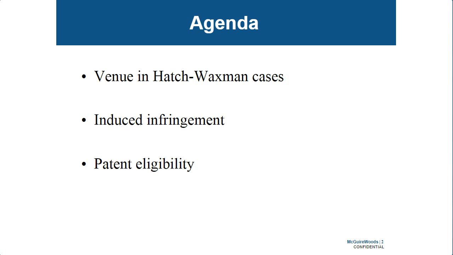But the Supreme Court's T.C. Heartland case in 2017 really muddied the waters quite a bit. And so for 5 years, where we can sue is quite unclear until recently, just last year, the Federal Circuit Valeant case kind of cleared things up a little bit. So I want to talk about that.